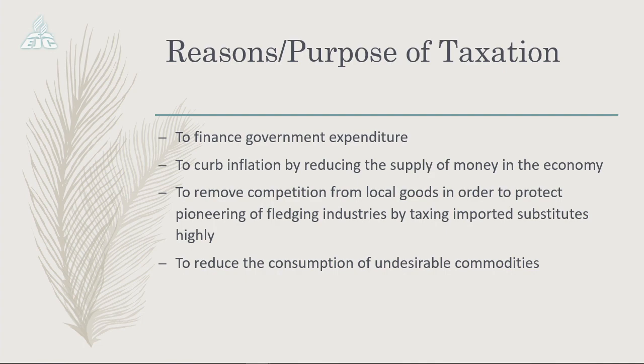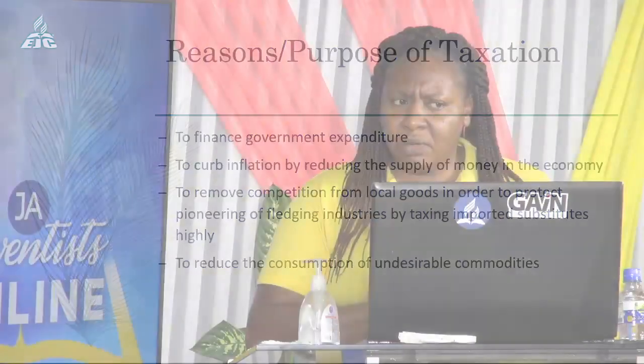And you might ask me, Miss, what are undesirable commodities? But undesirable commodities are those that the government would rather we not consume. Of course, as it relates to cigarettes, there's a heavy tax on cigarettes because cigarette smoking is harmful to our health.